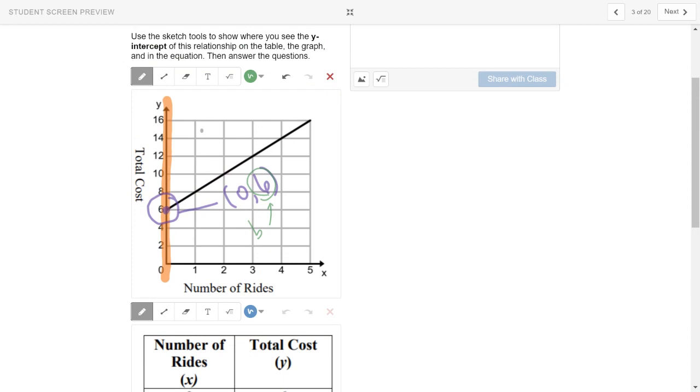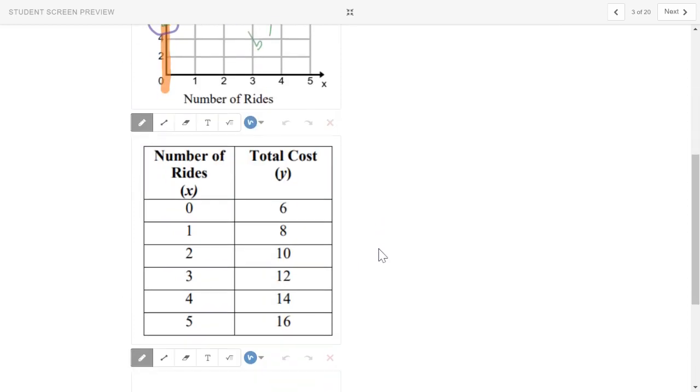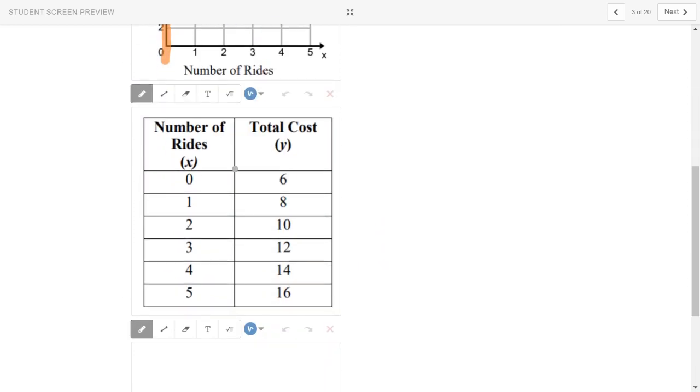So in a graph, the way you find the y-intercept is that's the point where the line intercepts the y-axis. On a table, the y-intercept is where x equals 0. So b equals 6.